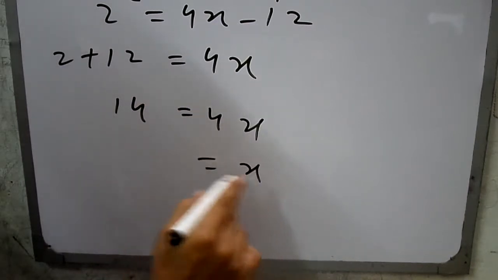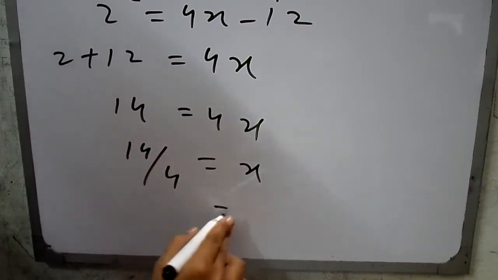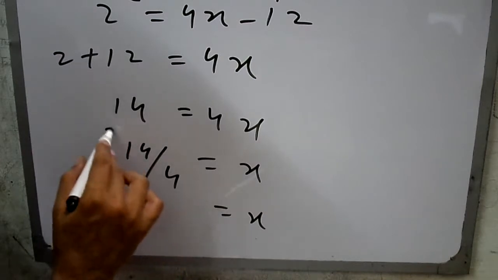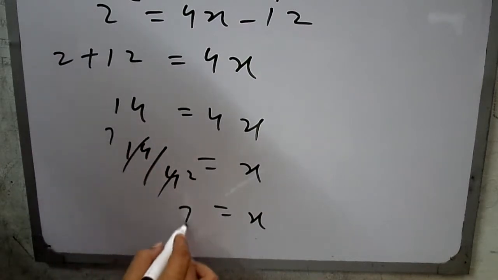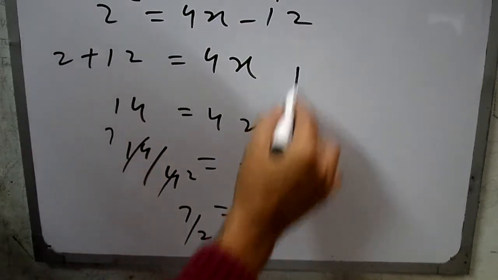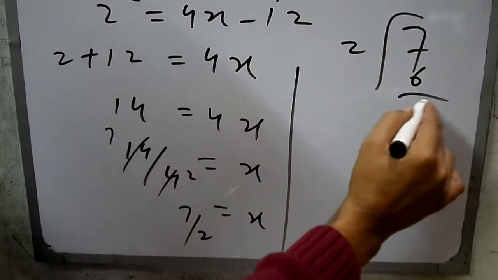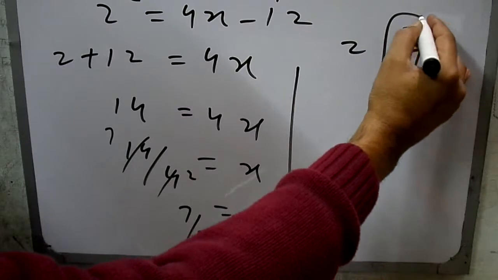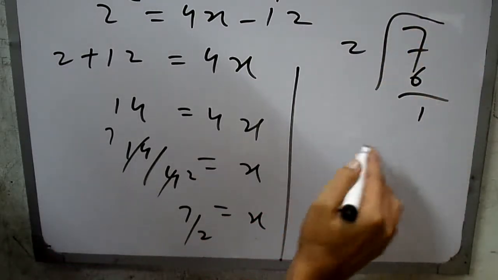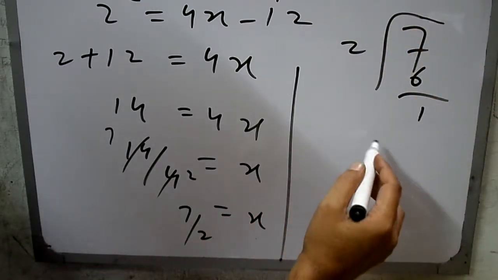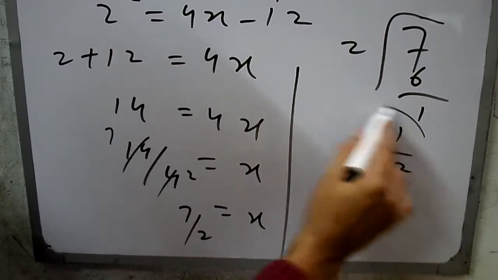The value of x is 14 by 4, and the value of x is 7 2s are 14, 2 2s are 4, so 7 by 2. So if you divide this, 7 divided by 2, 3 2s are 6, so you will get 1. So 3 whole 1 by 2.